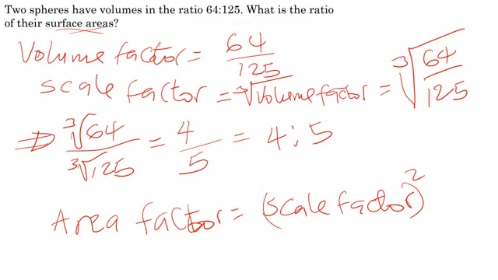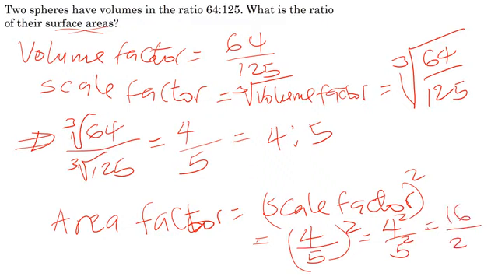Our scale factor is 4 over 5 to the power 2. So the same as to say 4 squared over 5 squared, which will be equal to 16 over 25, or 16 to 25. Okay, so this is our area factor. Please, we need to be together on how we are finding this. Don't just memorize, but know where these things are coming from.